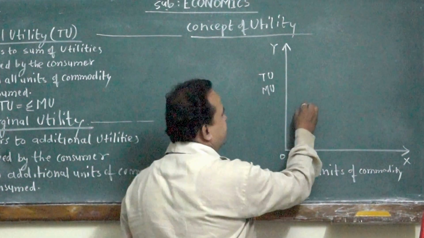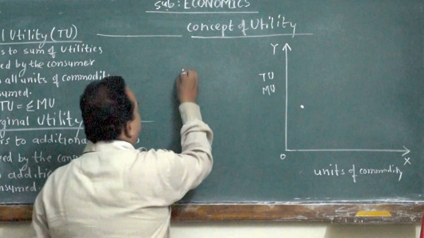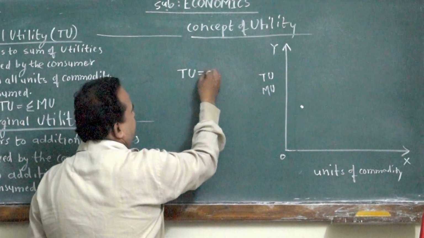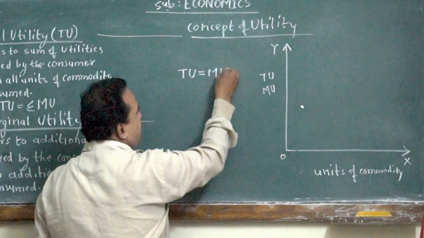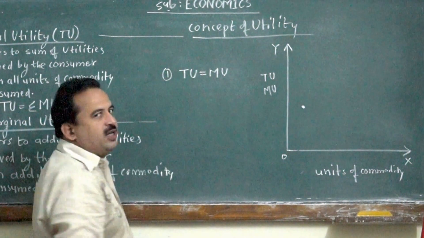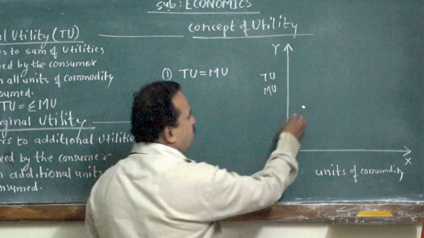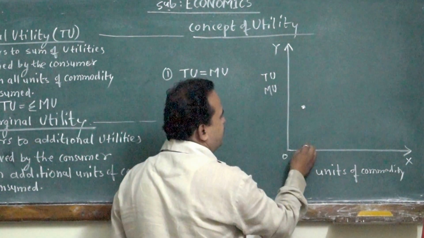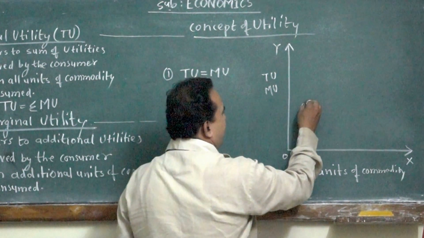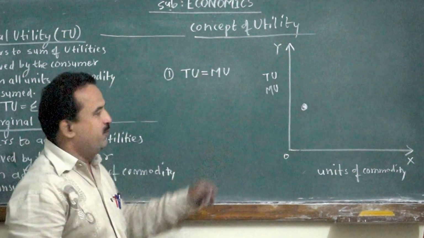So at the initial stage, total utility remains equal to marginal utility. This is the first stage, where we get the total utility and marginal utility point at the initial stage like this.